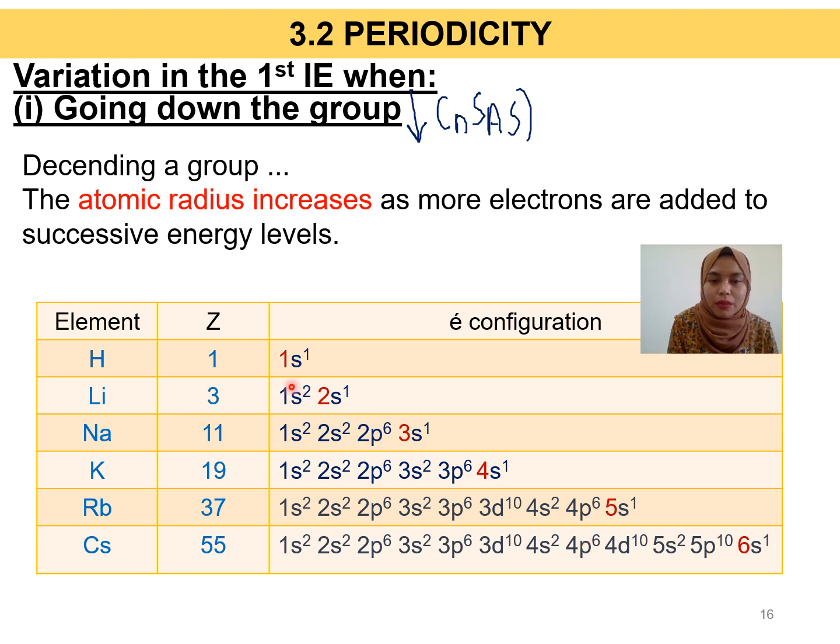Therefore, the number of shells will increase. When the number of shells increases, what happens to the shielding effect? It increases. What happens to the attraction between the nucleus and the outermost shell? It decreases, and therefore the size of the atom will be larger.